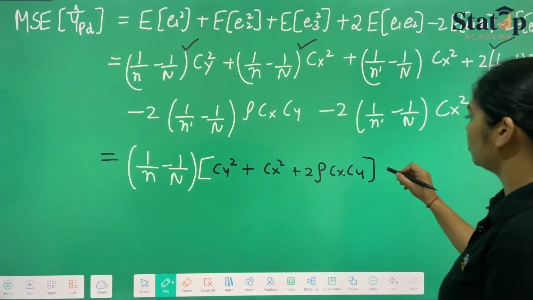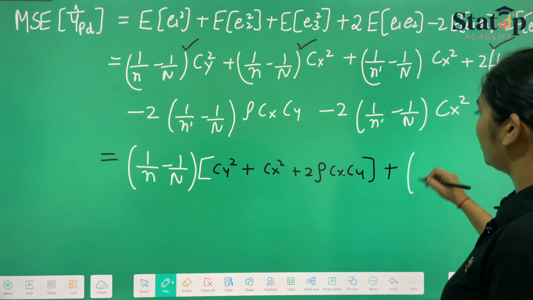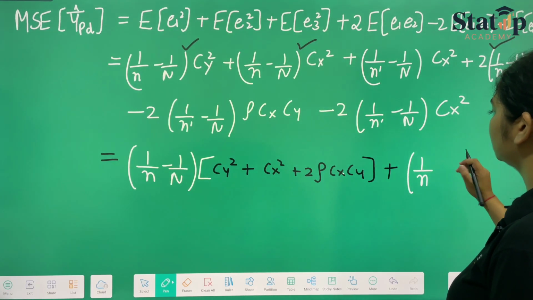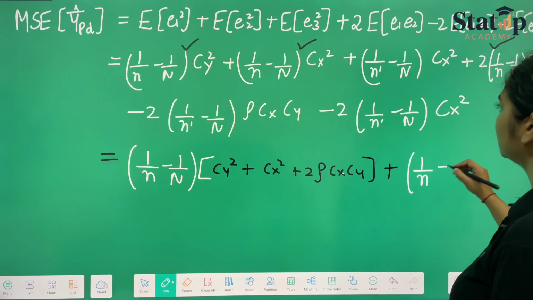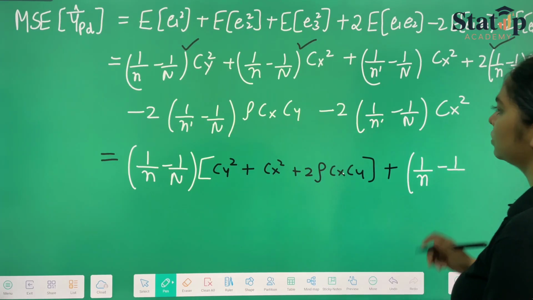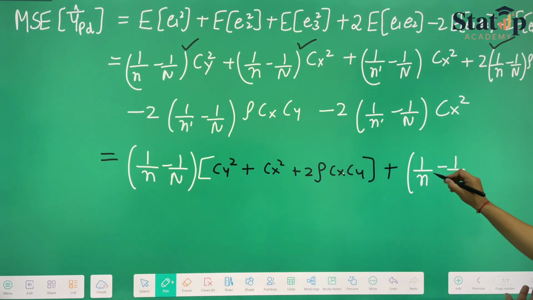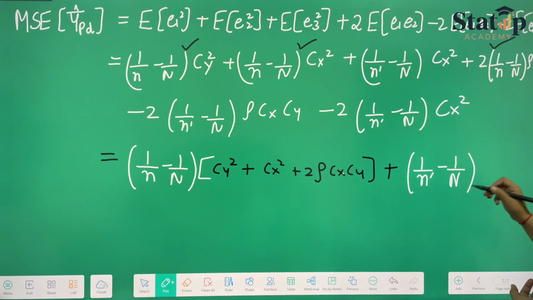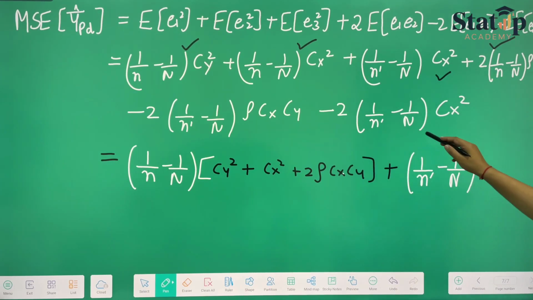Next term we are taking common is 1 upon n prime minus 1 upon capital N. So it will be Cx square minus 2 Cx square, which will be minus Cx square.